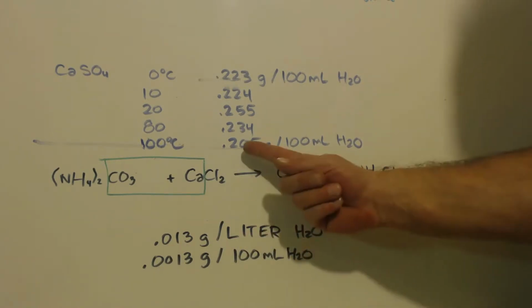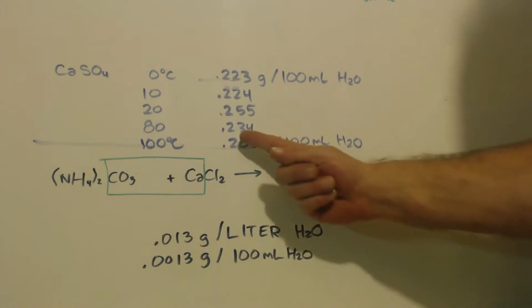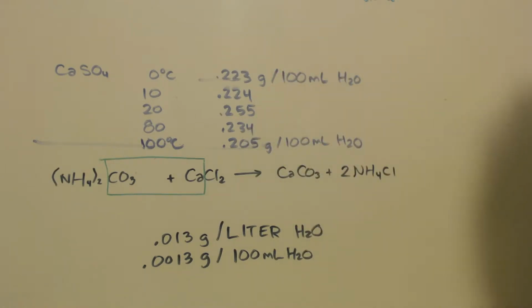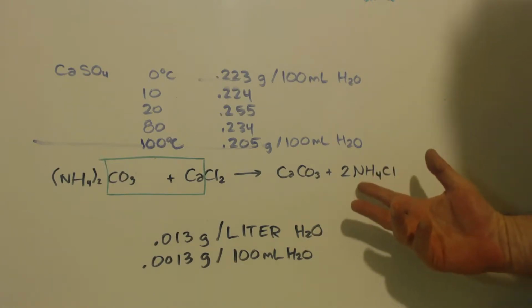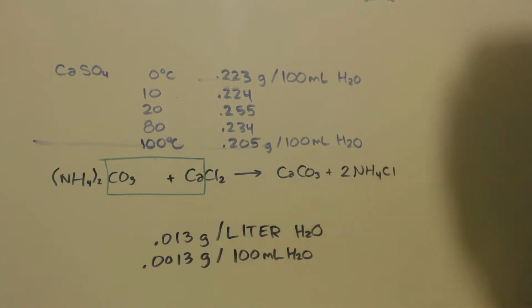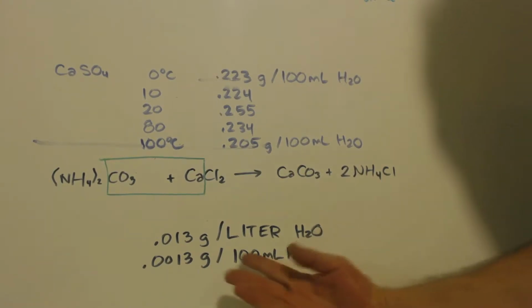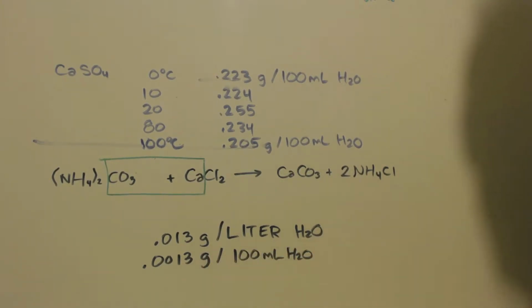Even in a liter of water, you aren't even close to this 100 milliliters up here of the calcium sulfate. This is like nothing. This is a joke. So if you did it this way, you could almost evaporate all the water off and just take all the crystals. You wouldn't even have to worry about contamination almost. I mean, this is literally nothing.